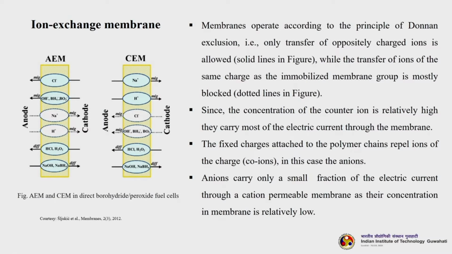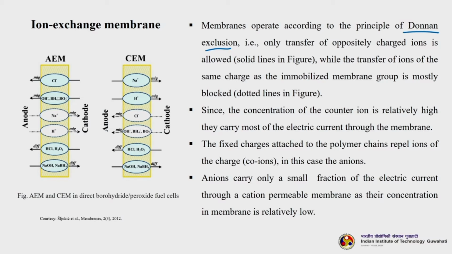This is an example of a cation exchange and anion exchange membrane in a direct borohydride and peroxide fuel cell. How do these membranes operate? They operate according to the Donnan exclusion principle, which means only the transfer of oppositely charged ions is allowed.